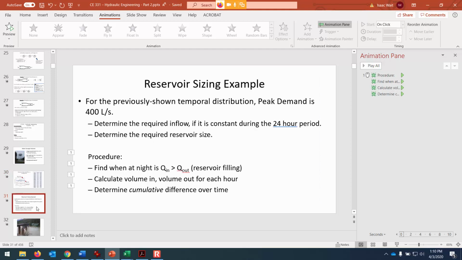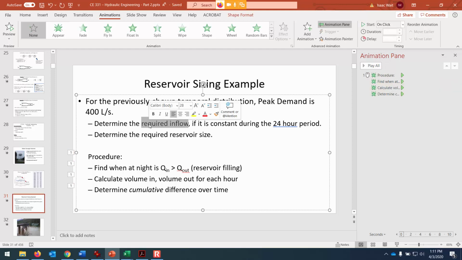And so there's flow coming in, there's flow going out, and I need to know how big the tank should be so that we don't deplete the tank before the end of that daily cycle. So the process I'm going to go through is, first of all, I'm going to determine how much water needs to be coming in to satisfy that demand, and then I'm going to size the reservoir itself.